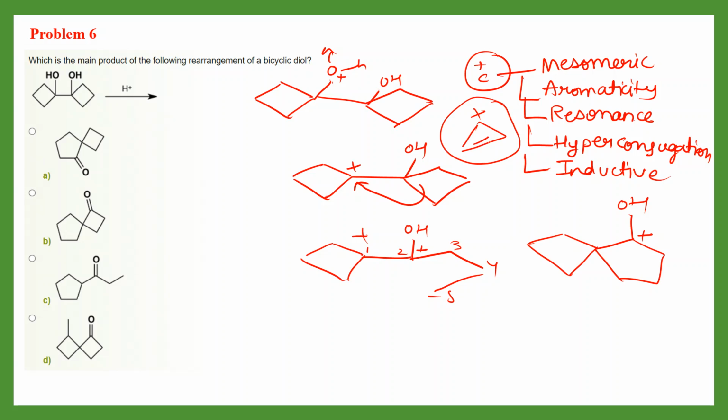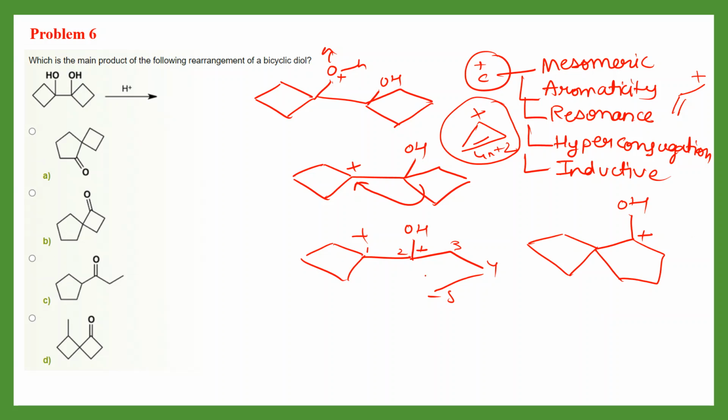It is strained also, but it is still stable due to aromaticity, 4n plus 2 pi electrons, and due to the positive charge, all carbons are sp2. So this is also stable. Resonance: you very well know that if it is allylic. Hyperconjugation: you just have to calculate the number of alpha hydrogens. The more the hydrogens, the more is your hyperconjugation and the more is your stability. And in inductive effect, plus I groups.